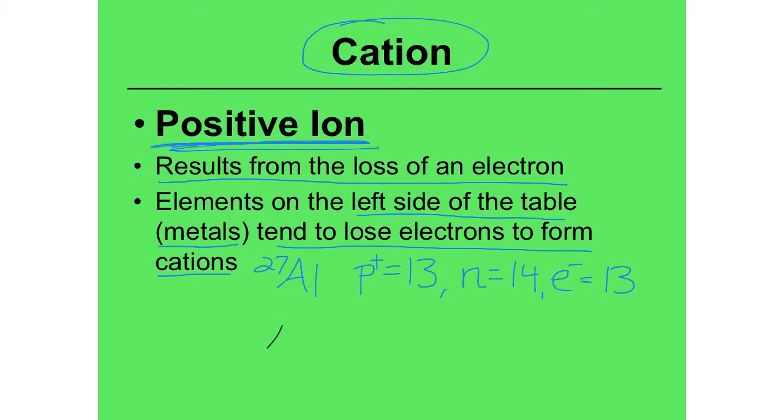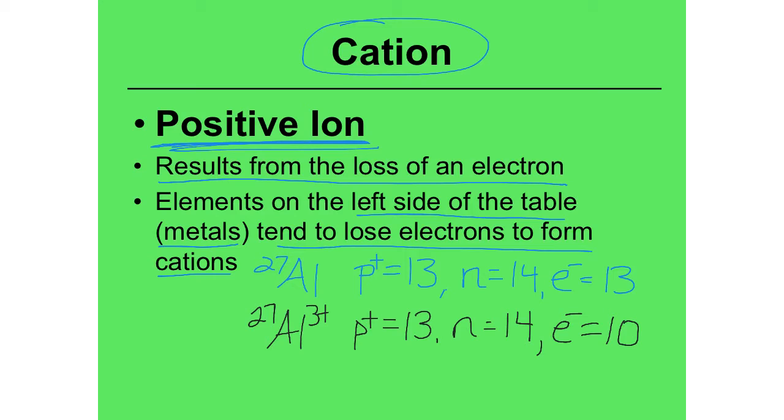Now let's look at the aluminum 27, so we'll keep the same mass, +3 ion. So your protons still have to be 13, or else it wouldn't be aluminum. If the mass is still 27, then we still have 14 neutrons. But now the electrons would be 10.